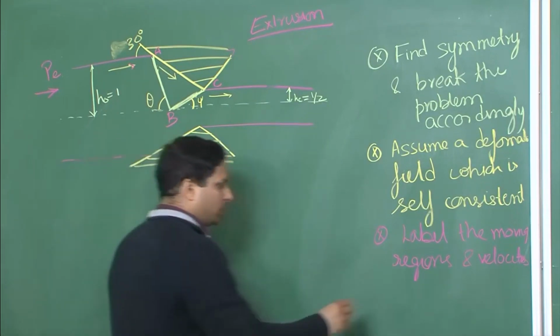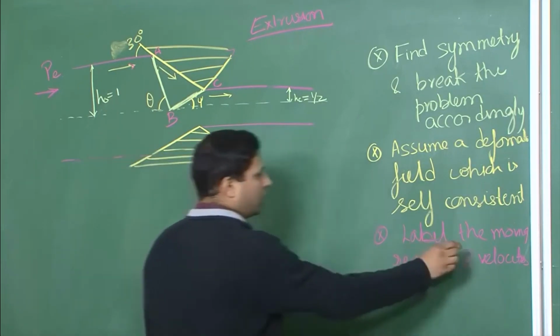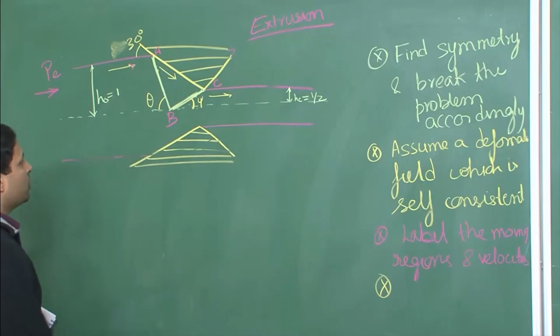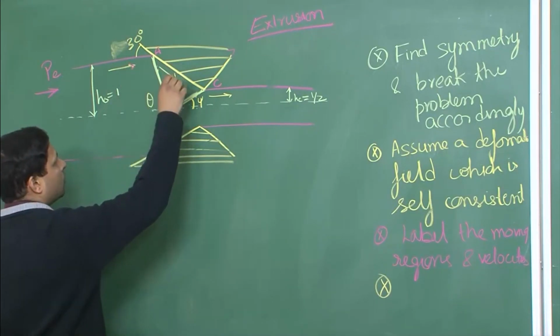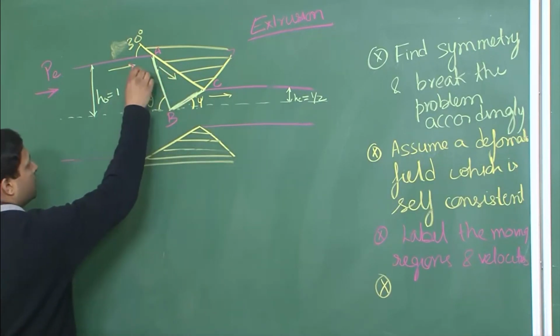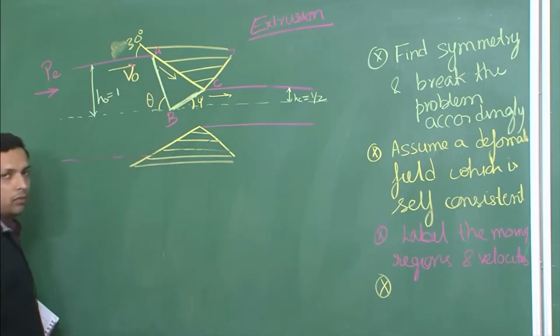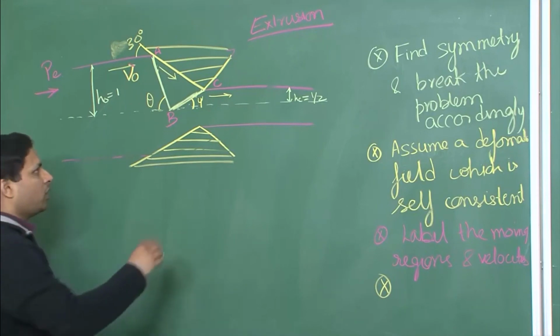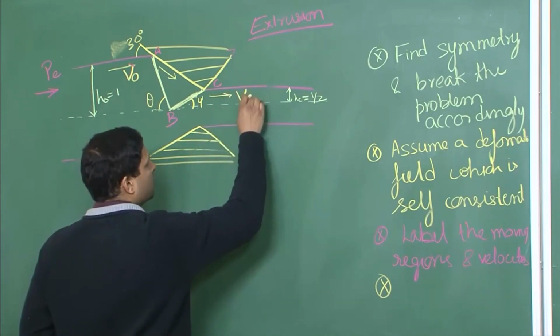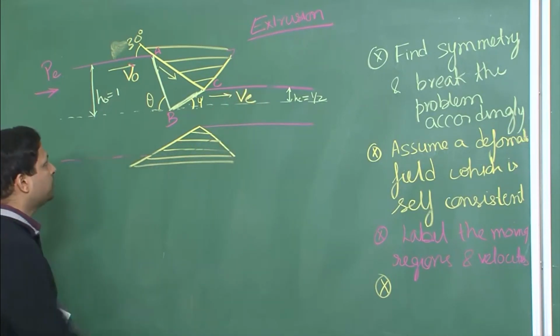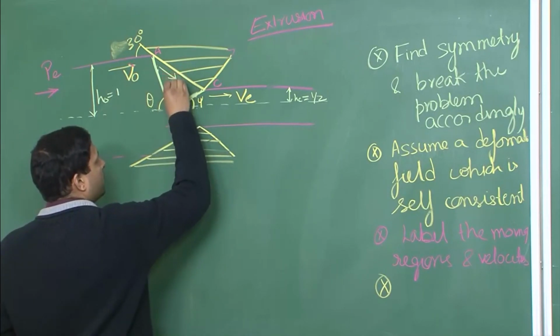Now, the next step, once we have labeled the moving regions and the velocities, so one thing I have not yet done is labeling the velocity. So, this is V naught, the velocity at which it is going in, and this is the exit velocity VE, this is V1.